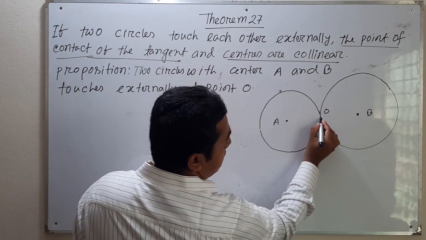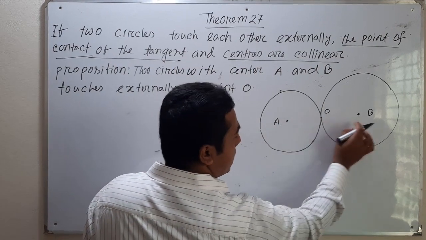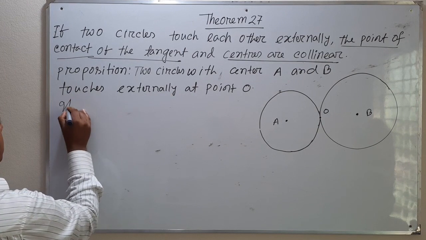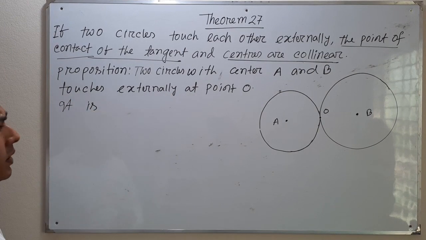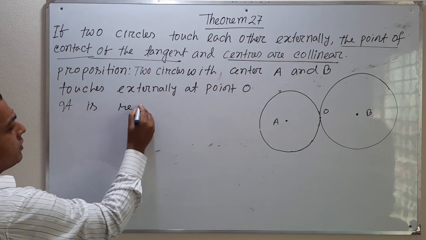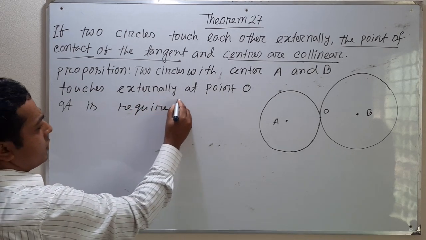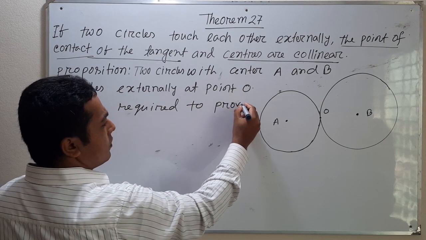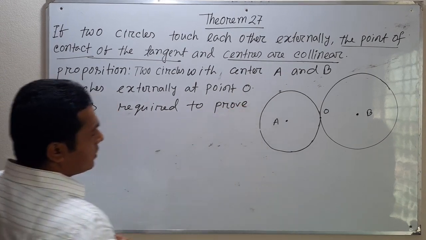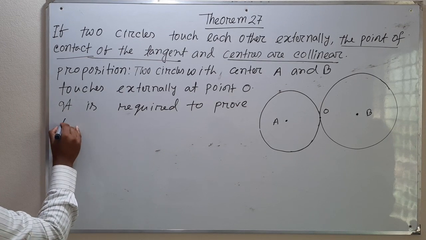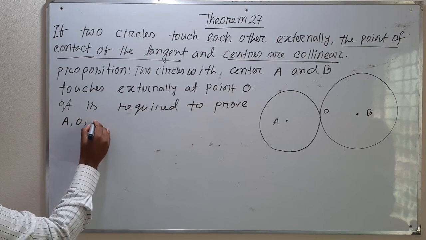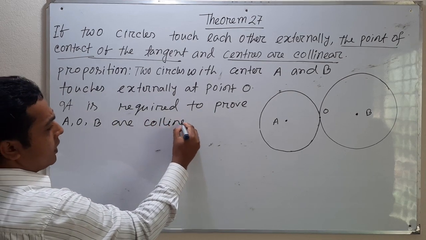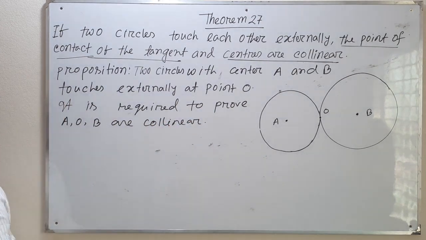The point of contact is this, and the centers A and B are collinear. So it is required to prove that A, O, B are collinear.